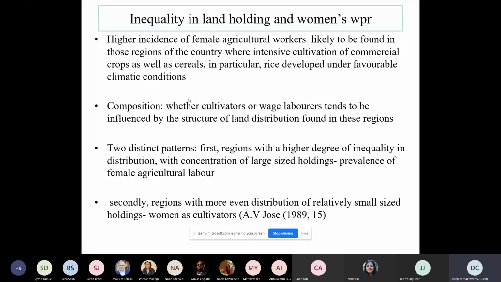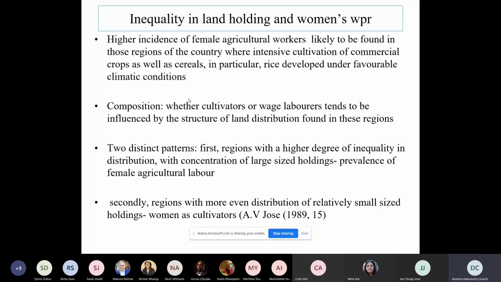But researchers have also mentioned that whether a woman would work as an agricultural wage laborer or a cultivator would actually depend on the nature of the landholding pattern in a particular region.